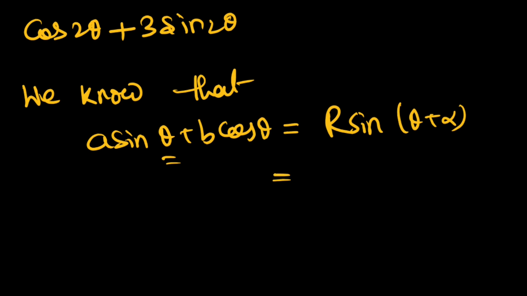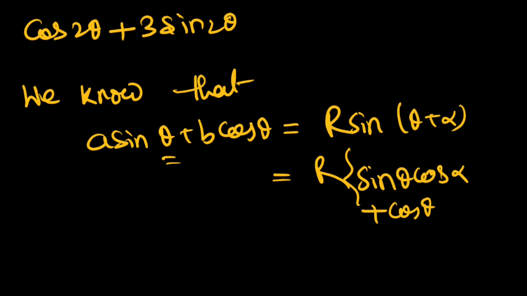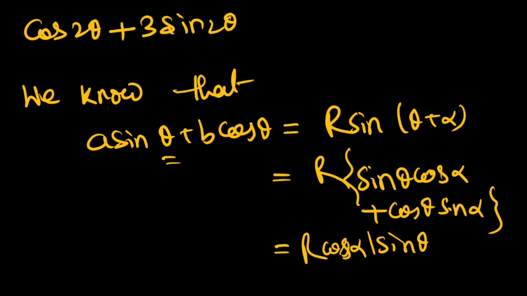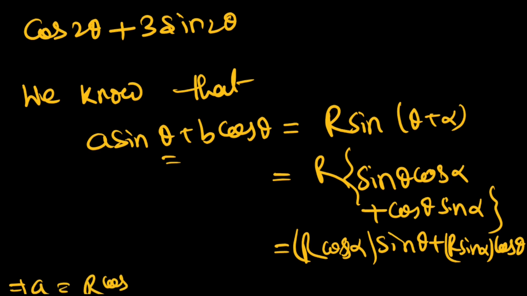If we expand this formula, sin of theta plus alpha is sin theta cos alpha plus cos theta sin alpha, that is r cos alpha sin theta plus r sin alpha cos theta. Comparing the left hand side and right hand side, we get a is equal to r cos alpha and b is equal to r sin alpha.